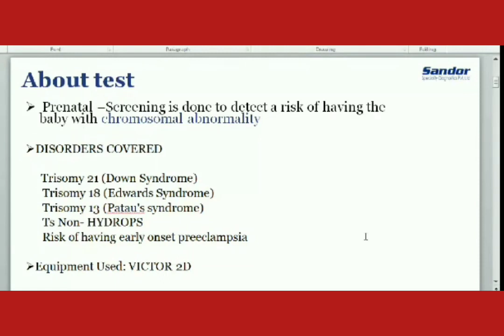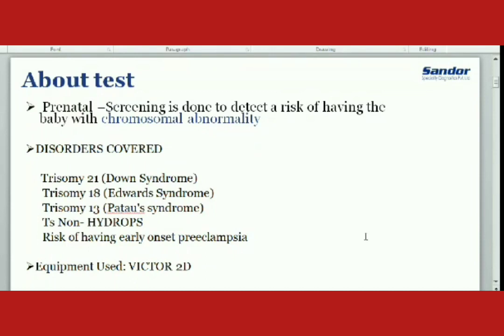In the same way, trisomy 18 means the 18th pair of chromosome has an extra chromosome. It is called Edwards syndrome. All these disorders are named by the scientists who discovered them.